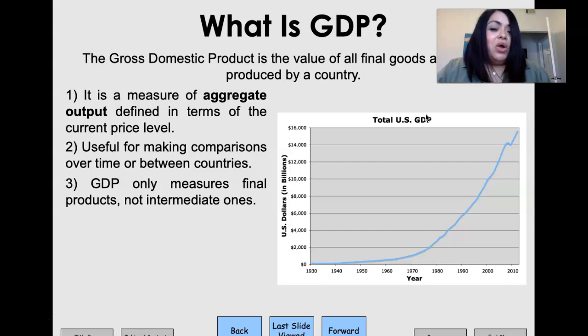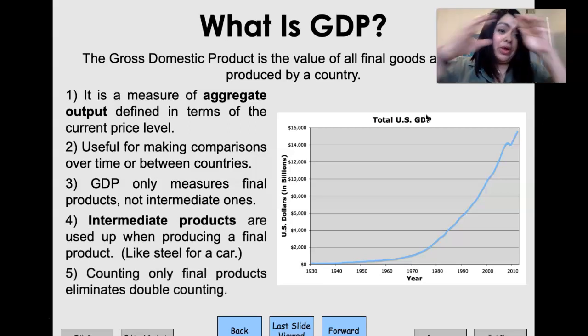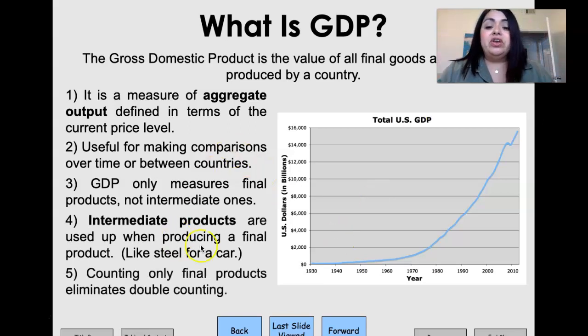All right, so please remember that it only measures final products, not intermediate products. Intermediate products are things it takes to make other products. For example, it says here intermediate products are used when producing a final product, like steel for a car. Let's take a car.